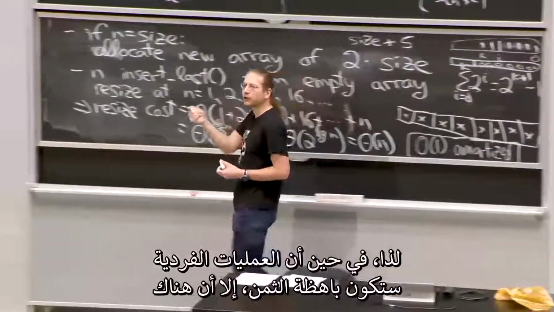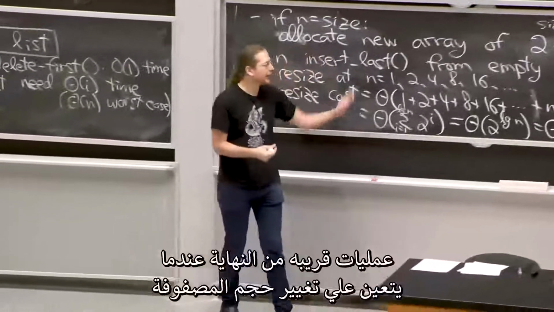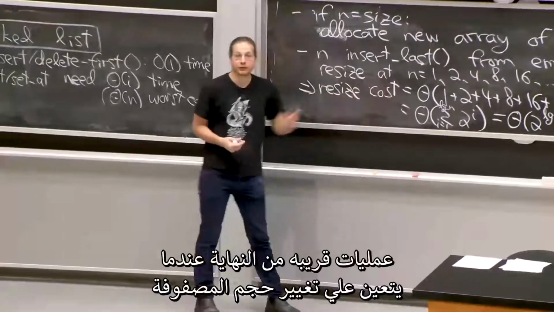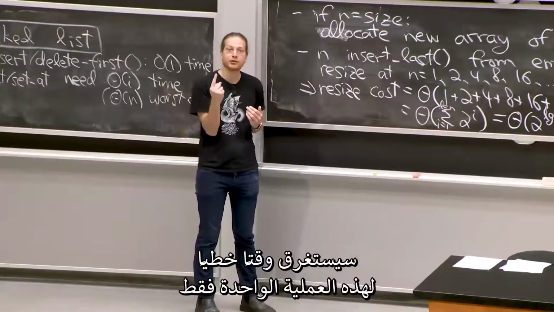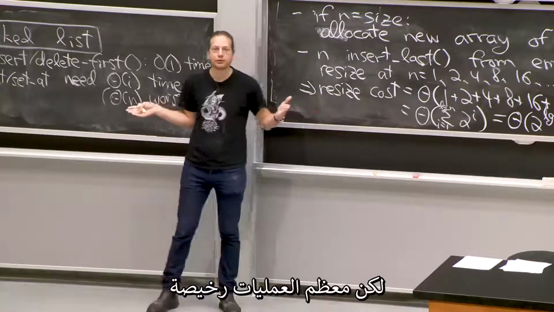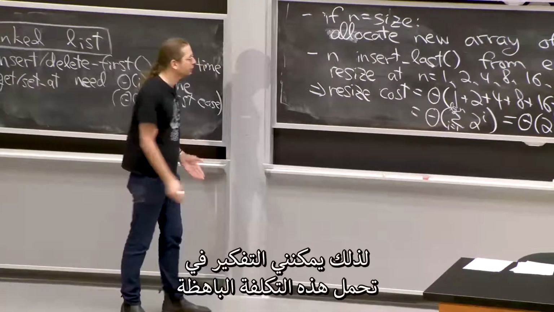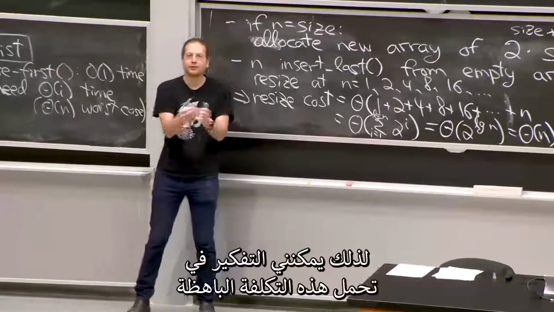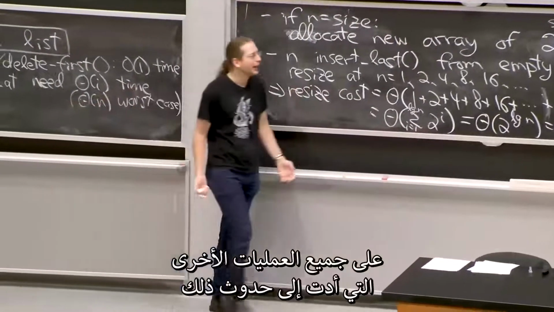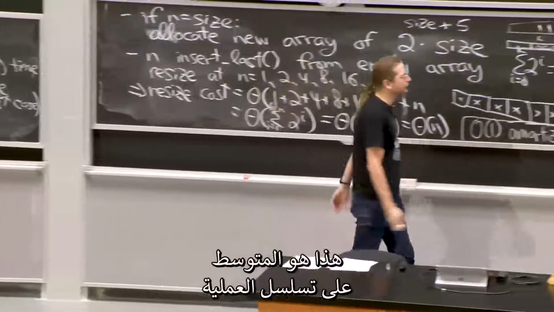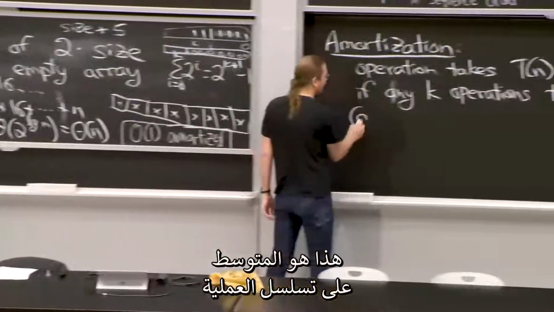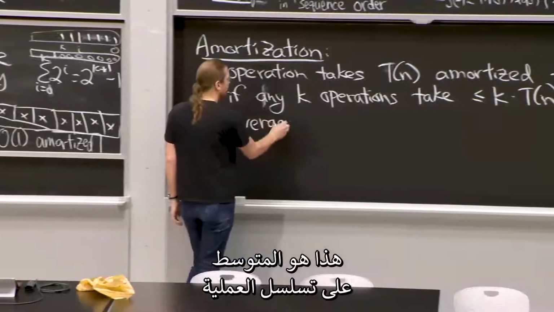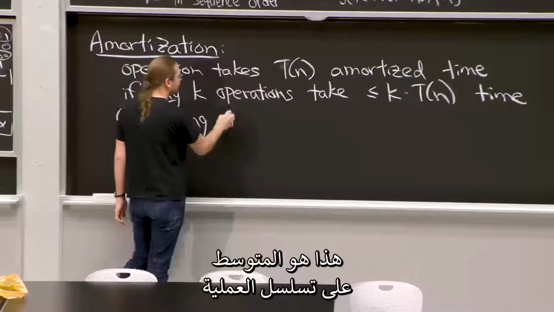So while individual operations will be expensive, one near the end, when I have to resize the array, is going to take linear time just for that one operation. But most of the operations are cheap. Most of them are constant. So I can think of charging that high cost to all of the other operations that made it happen. So this is averaging over the operation sequence.